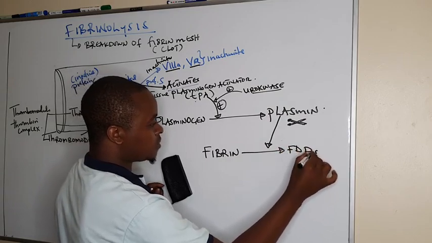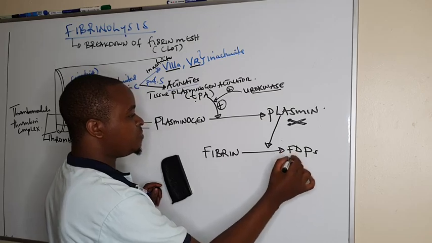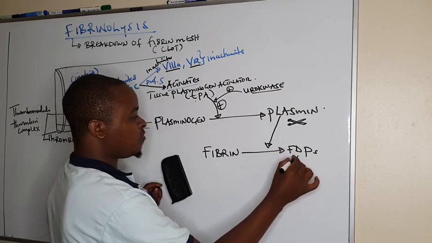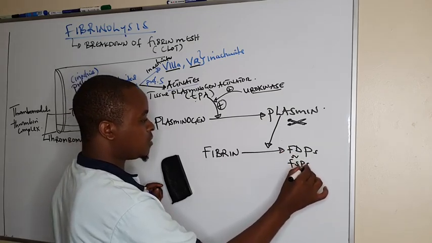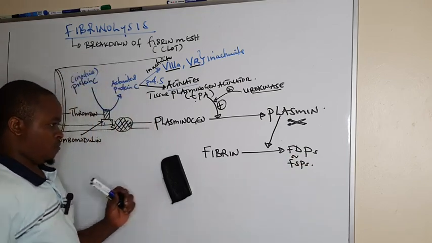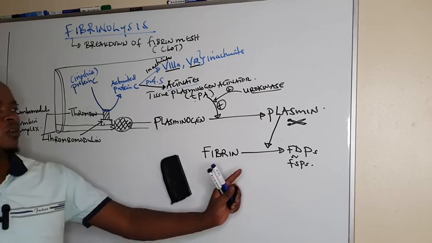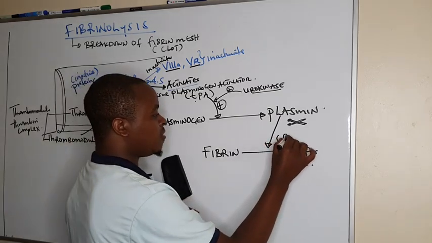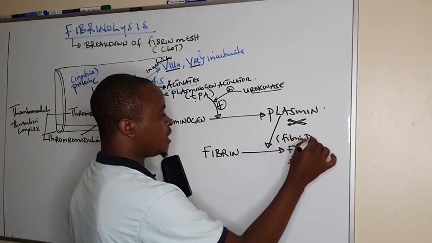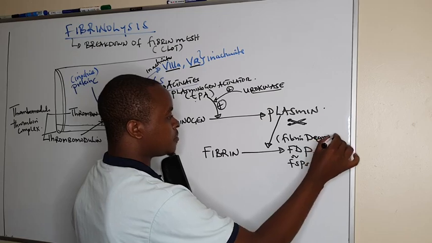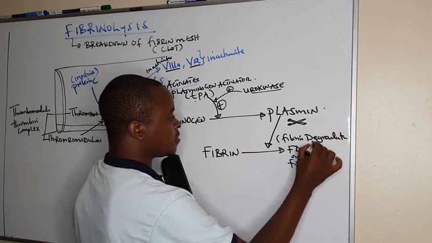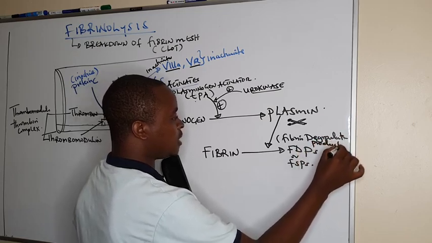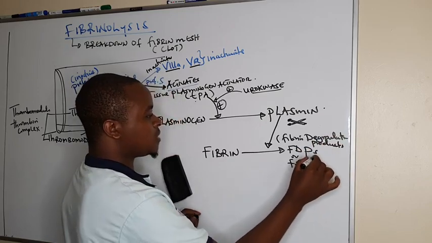Sometimes we form FDPs or we form FSPs, whereby FDPs in full are known as fibrin degradation products.